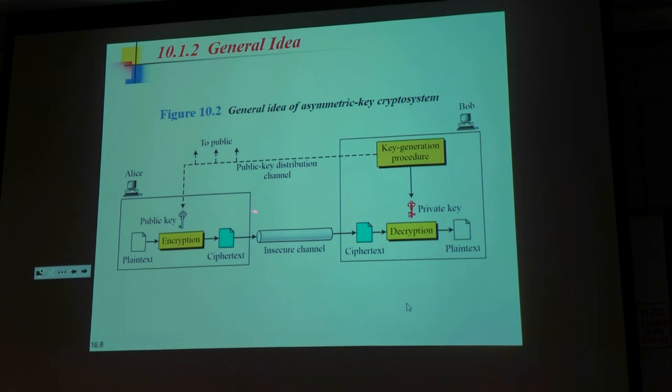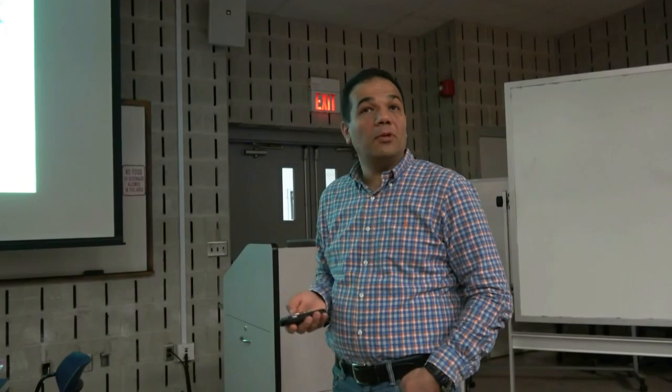Again, if Alice would like to send a message to Bob, she has to get Bob's public key and use it to encrypt the data and send it through the channel. It will be received, and Bob will be able to read it with his private key. So before encryption and decryption, we have something else, which is key generation, and we have to share the public key.